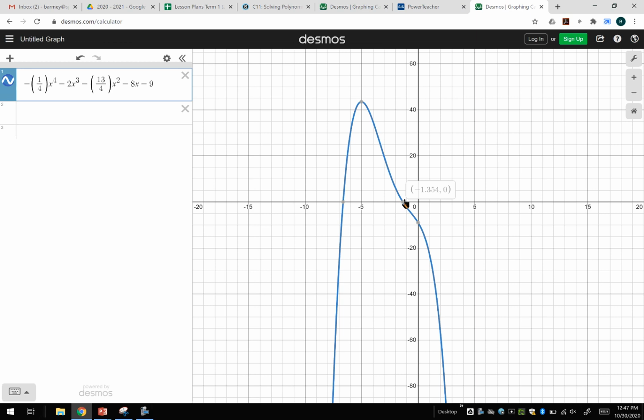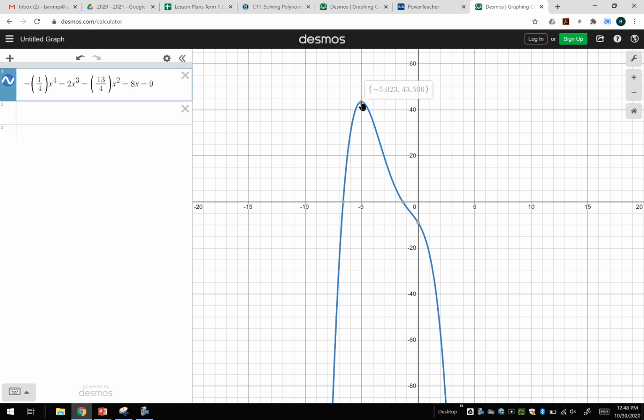D, the absolute max or min. So this one, end behavior, it's going down and down to negative infinity. This top peak here is an absolute max. There are no values that are higher than this. And when I'm talking high, I'm talking up and down. So all I'm looking at is the y value on this one.